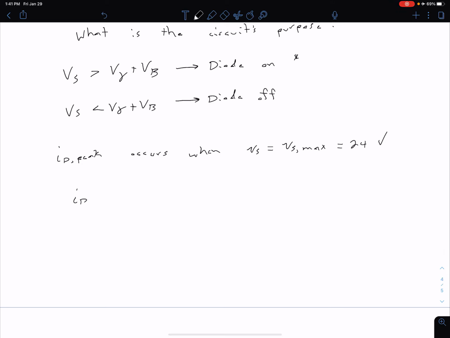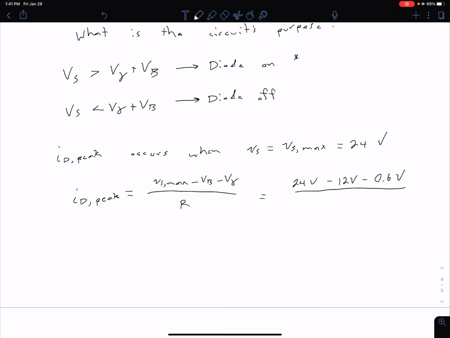I know that was kind of fast, so if anybody has any questions about details of that, definitely let me know. Our ID peak is equal to our Vs max minus our Vb minus our V gamma, divided by R. Our Vs max we said is 24 volts, our Vb is 12 volts, our V gamma, given in the problem statement, is 0.6, and our R is 100 ohms.